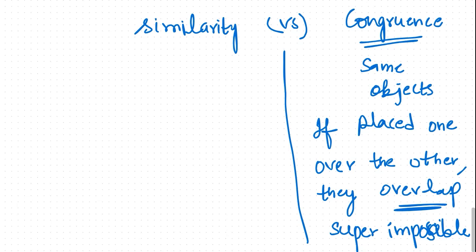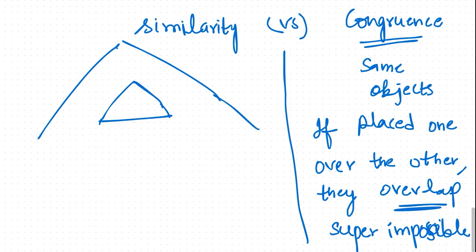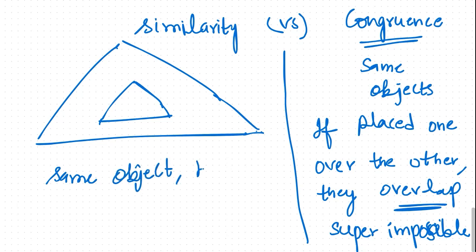Similarity means similar. If there is a triangle like this, and I zoom in, it will become bigger, right? The same object, but bigger.